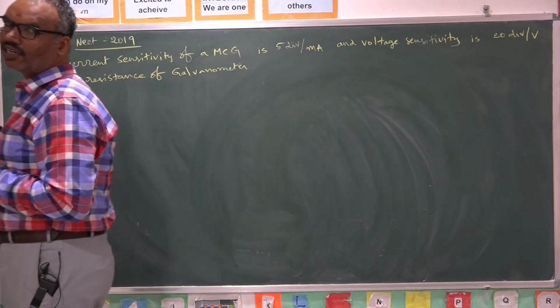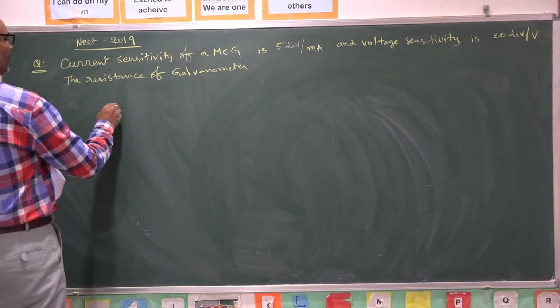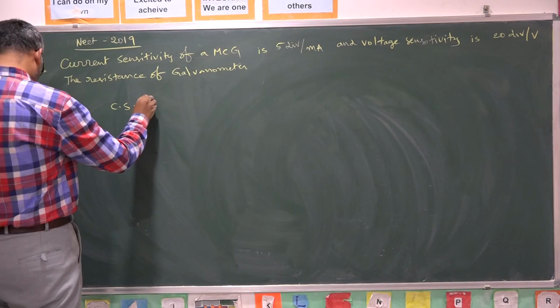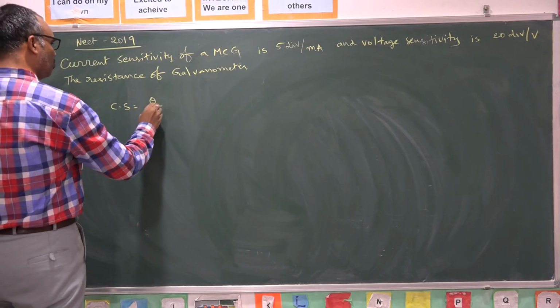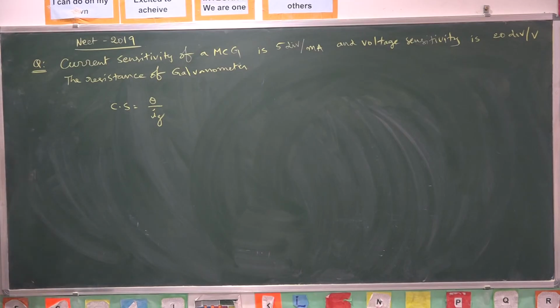We discussed this concept, current sensitivity and voltage sensitivity, earlier in current electricity, and even in this electromagnetism chapter also we discussed this concept. Current sensitivity means deflection produced by sending unit current through the galvanometer.